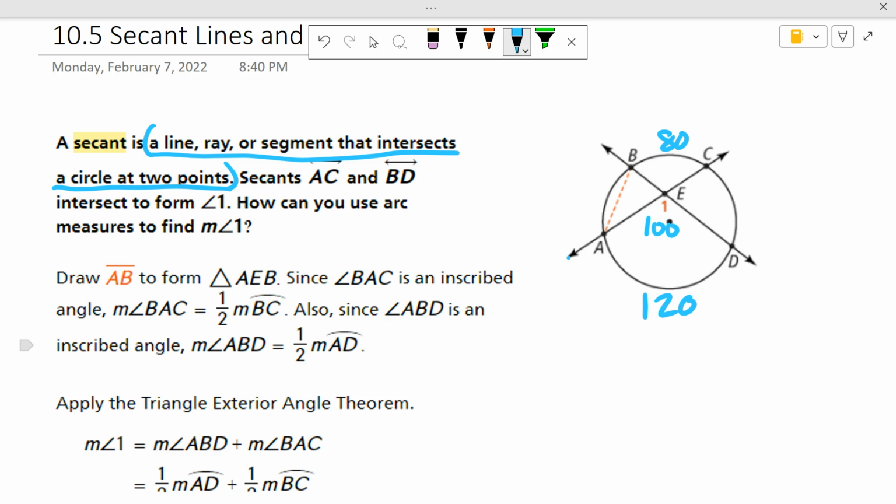So if two secants cross inside the circle, we add up the two arcs they cut off and divide it by 2. That's what this first one means. So angle 1's right here.